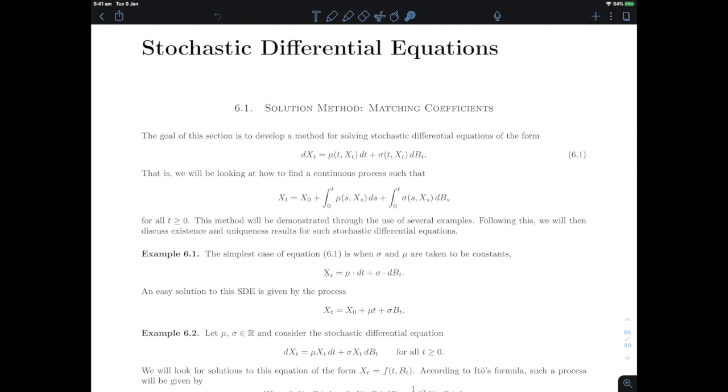So we'll do applications to finance later on. And in finance, we'll be looking at constructing portfolios, things that are made of a certain amount of cash and a certain number of stocks. And we will be creating portfolios that match the risk structure of certain insurance contracts. And really, what we will be doing in finding a portfolio will be solving a stochastic differential equation. What we have here will be the value of the cash part of your portfolio, and what we have here will be the value of the stock part of your portfolio.